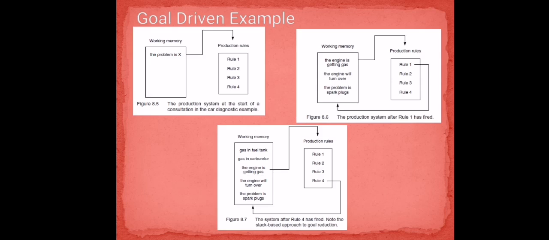First, suppose the problem is X. We will consider the X with the rules. Which rule is satisfying the X? The problem X: the engine is getting gas, the engine will turn over, the problem is spark plug.